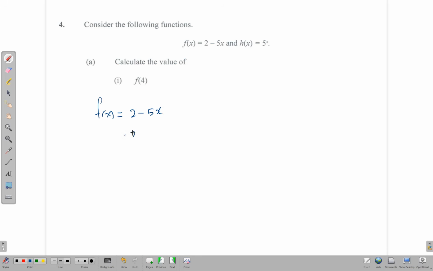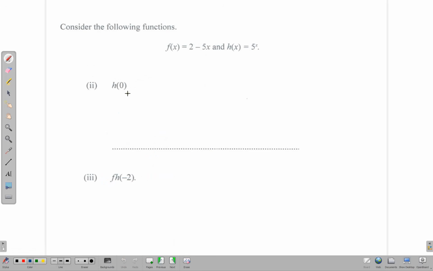So it's going to be 2 take away 5 times 4, which means 2 take away 20. And that gives us negative 18. That's what f of 4 is equal to. That is, when you put 4 into the function, it gives you negative 18. Let's continue.